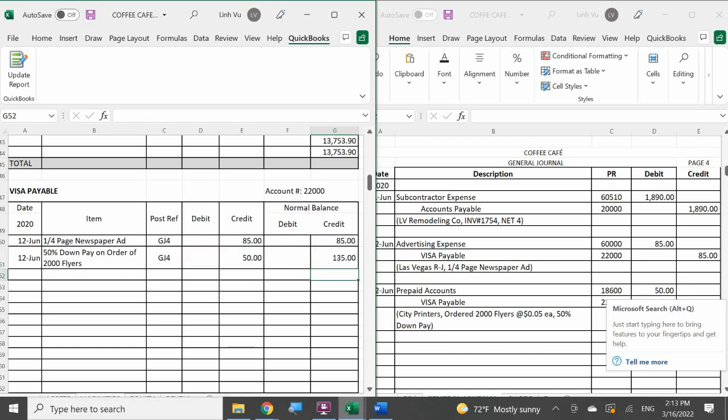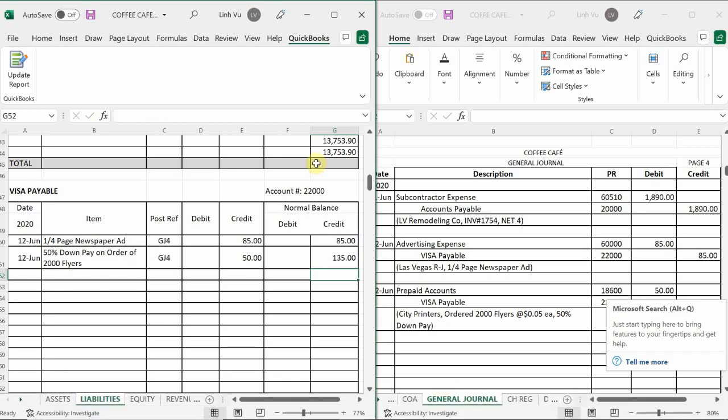That should give us a total of $135. The formula is go up 1 plus left 2 minus left 3. Of course, with this formula, you can drag it all the way down.